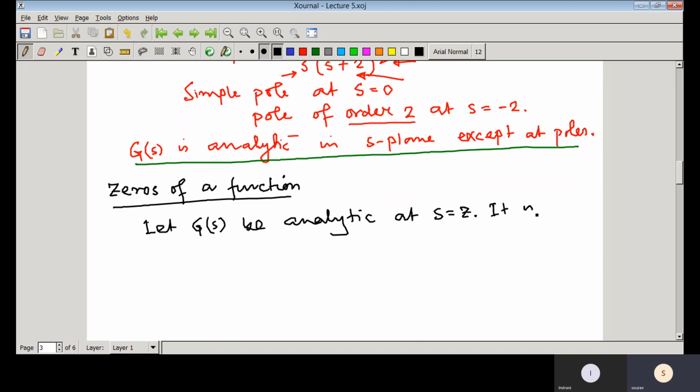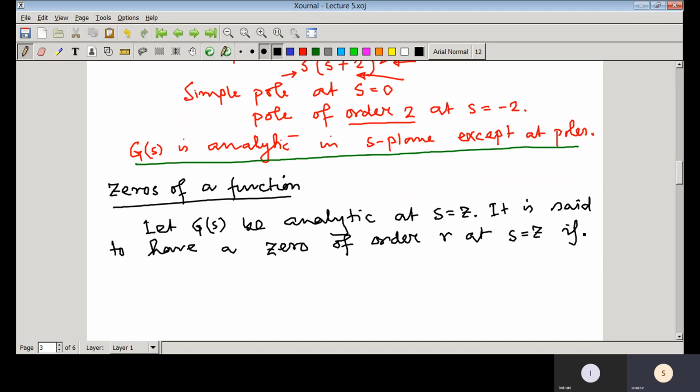It is said to have a zero of order r at s equal to z if the limit, similar to the definition of a pole, as s tends to z, of (s minus z) to the power minus r times G(s), is finite and non-zero.